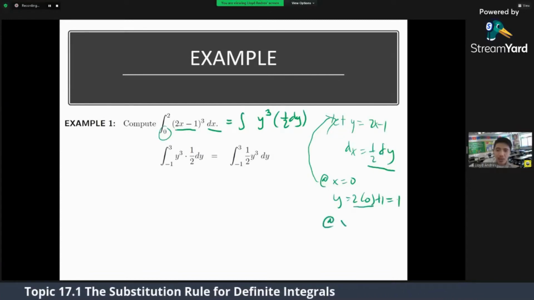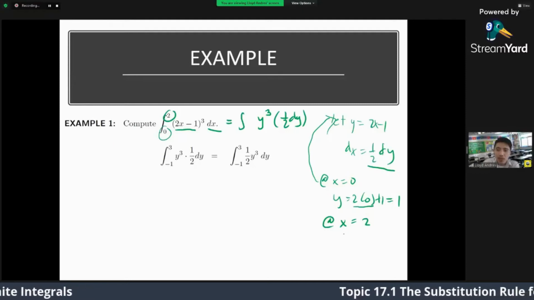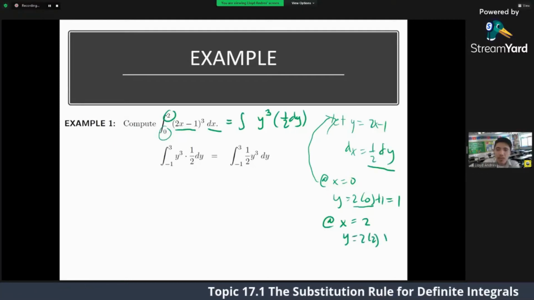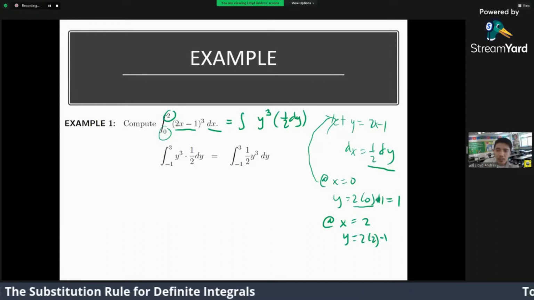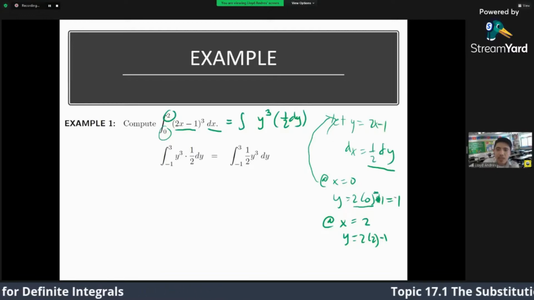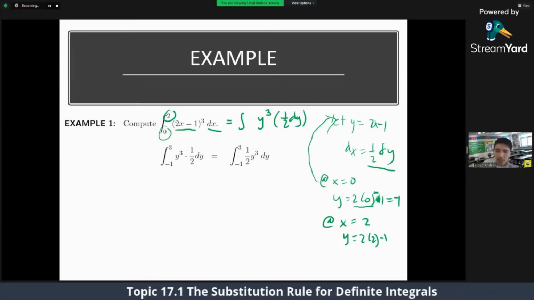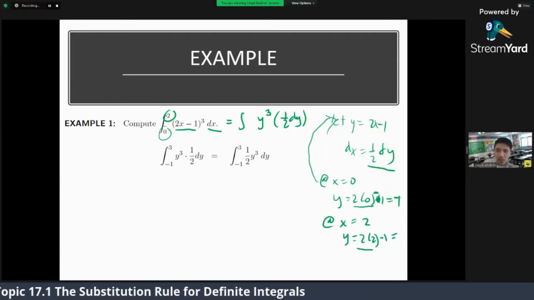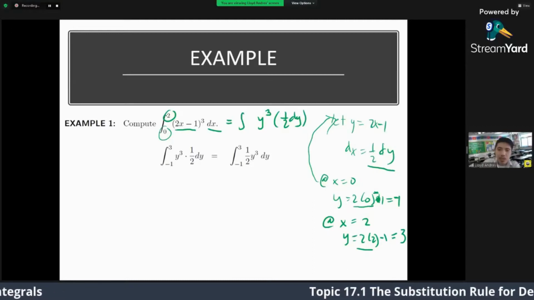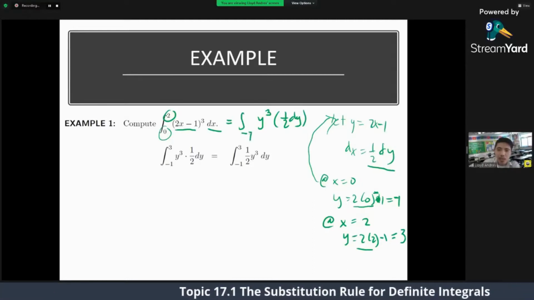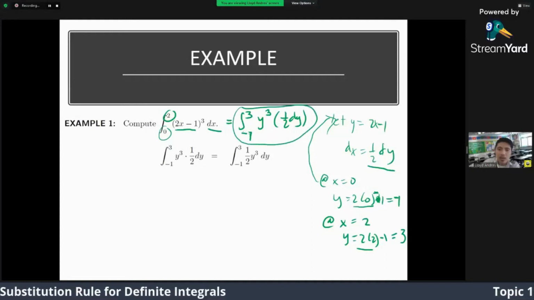At x equals 2, we have y equals 2 times 2 minus 1, which is 4 minus 1, so 3. Therefore, the new lower limit is negative 1, and the upper limit is 3.